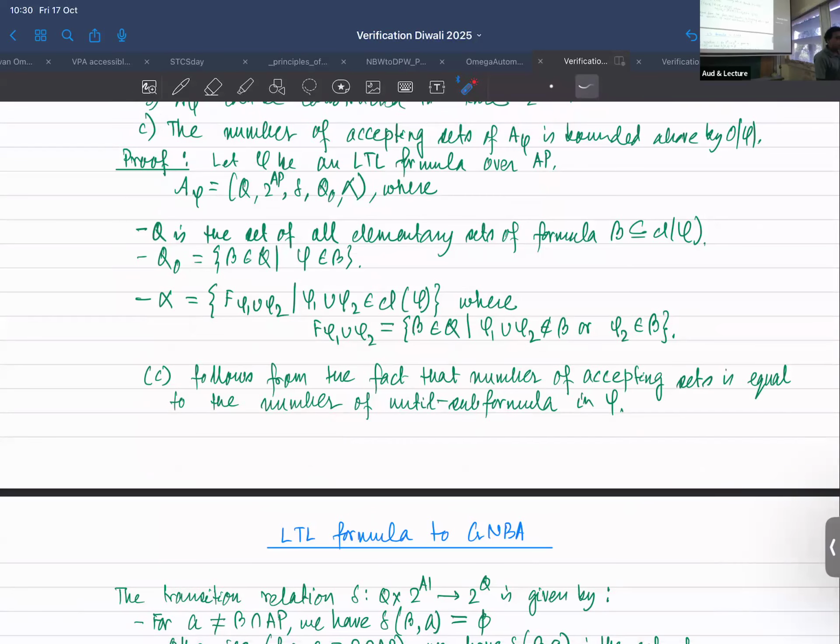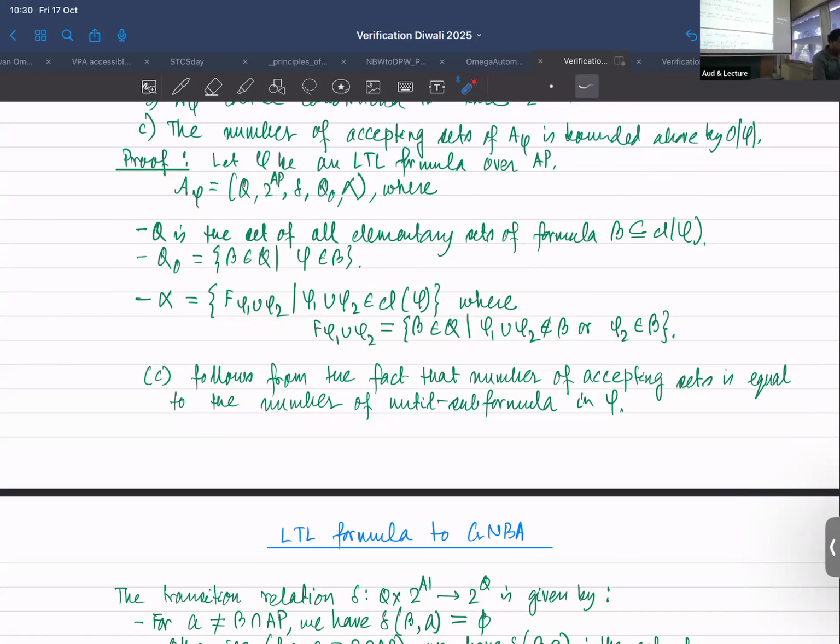you can have many until subformulas in the given formula phi, which are of the form phi1 until phi2. Now corresponding to each such phi1 until phi2, you can have a set.